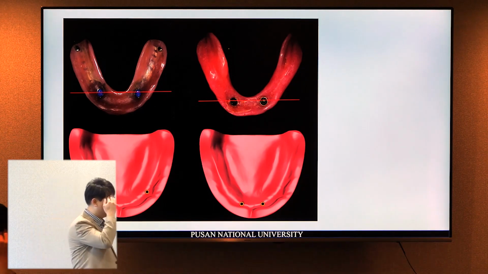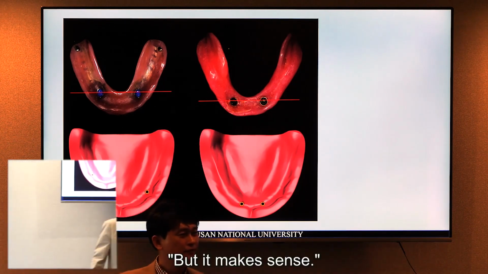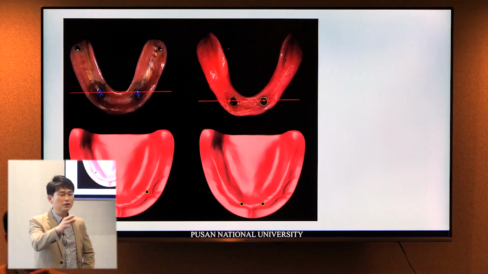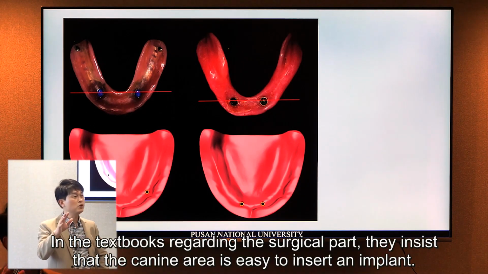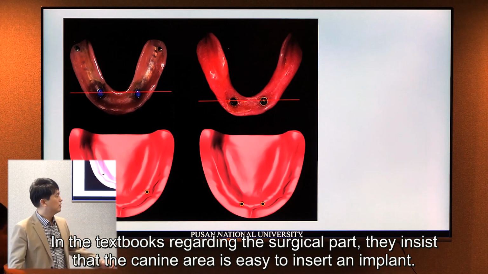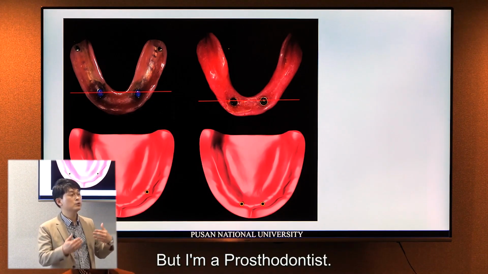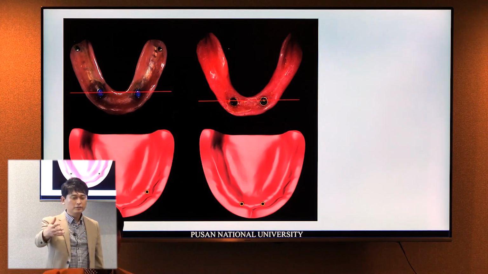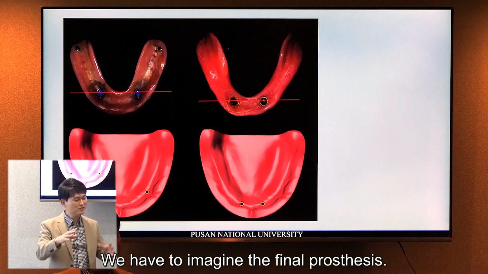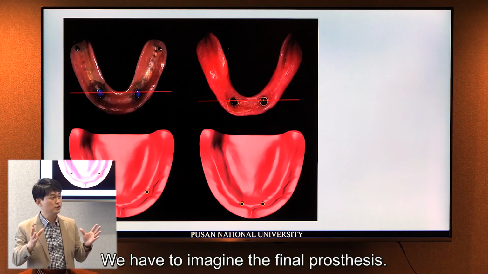Yes, it makes sense. In textbooks about the surgery part, they insist that the canine area is easy to insert implants, but I'm a prosthodontist. We have to imagine the final process.